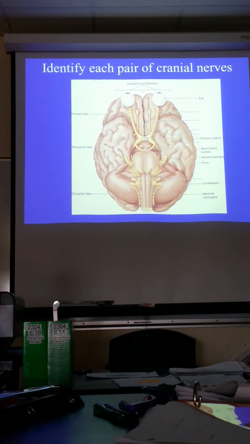Remember, brain and spinal cord, they're made up of 100% sensory neurons, interneurons, or motor neurons? Interneurons, 100% interneurons. All they're doing is receiving sensory info, analyzing it, deciding on the response, and then sending out those motor commands, both the brain and the spinal cord.